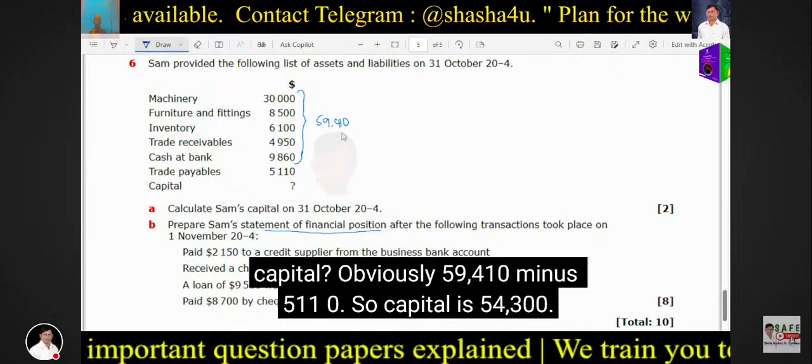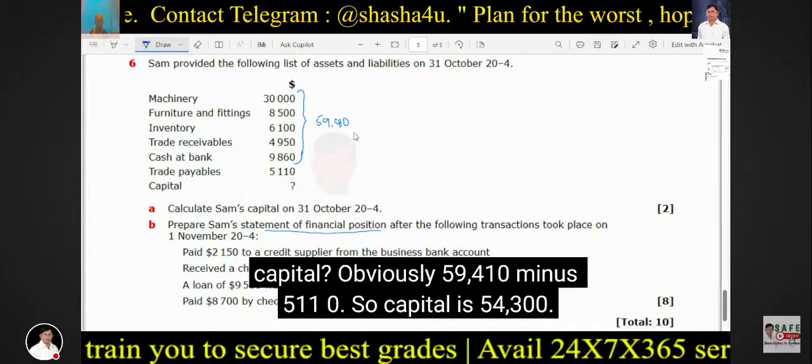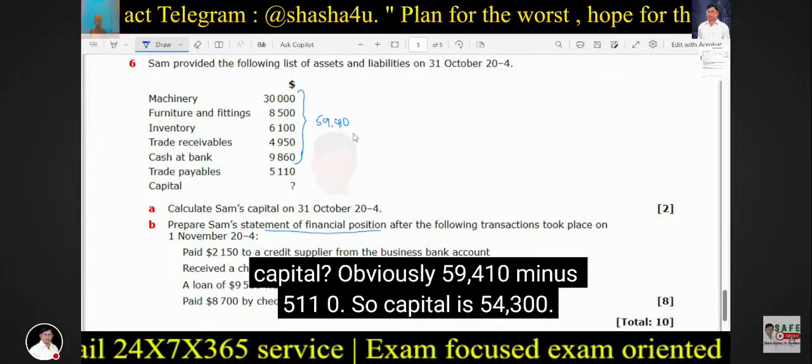So what is the capital? Obviously, 59,410 minus 5,110. So capital is 54,300.